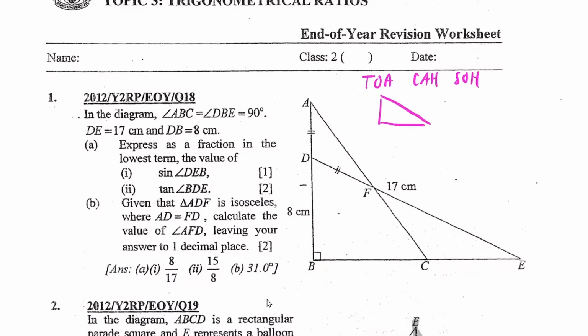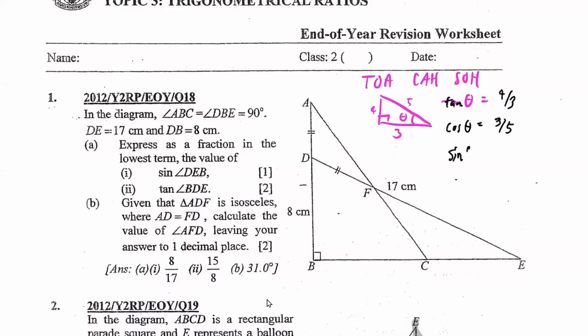Let's do a quick example. If this here is theta, that's a 90. This is 3, this is 4, this is 5. Tangent theta is opposite over adjacent, 4/3. Cosine is 3/5.